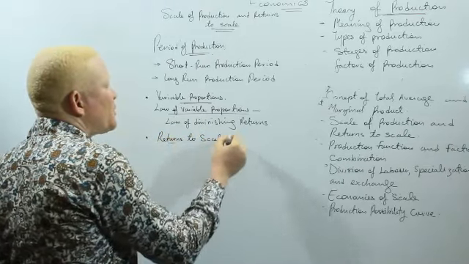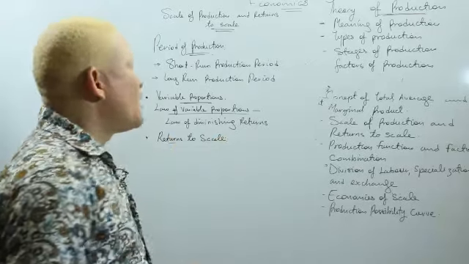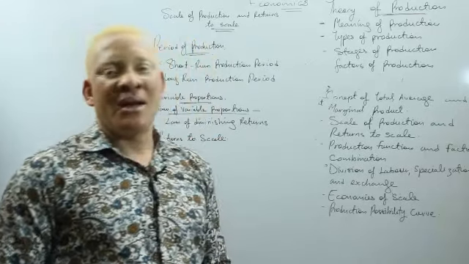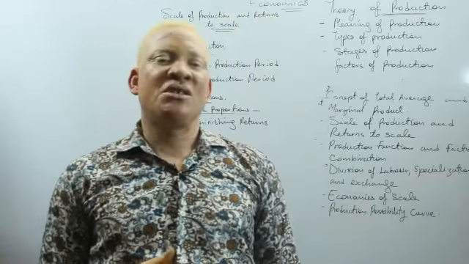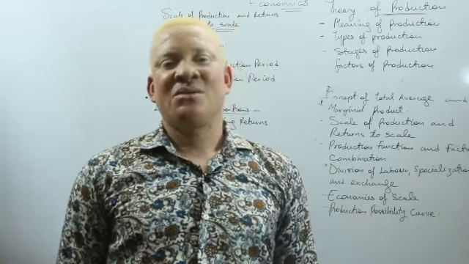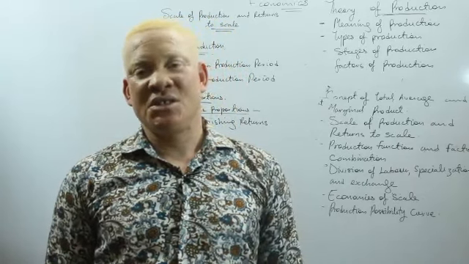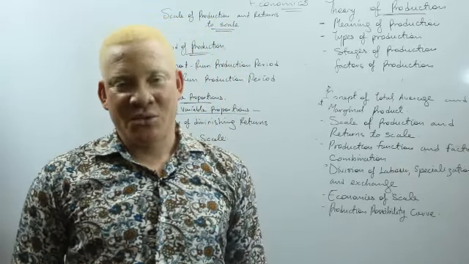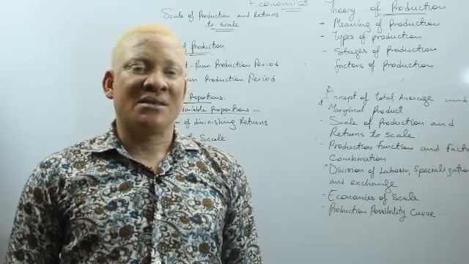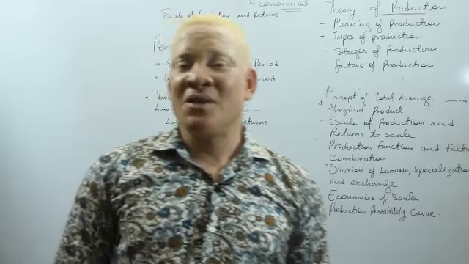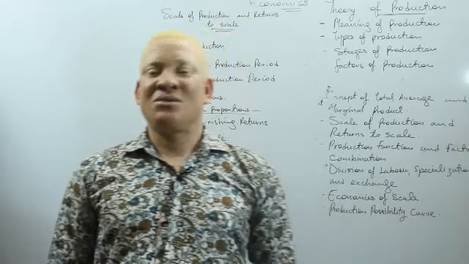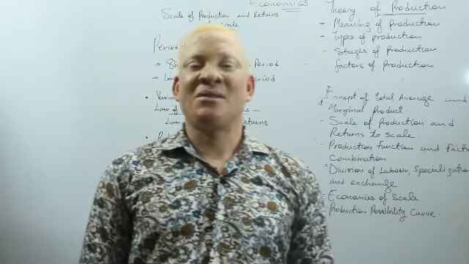What we call returns to scale. We have said that scale of production is the change in the total output resulting from a proportionate change in the total input. That is returns to scale. But scale of production is just the volume of output that is used in production to produce a particular volume of input.